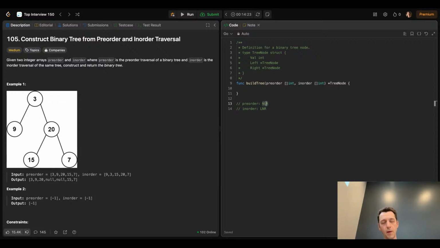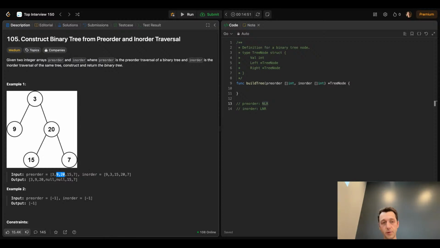Or it could be that 3 does have, again, 3 goes not to the right, but on the right there is 9 as the node. Could be 9 goes to 20.